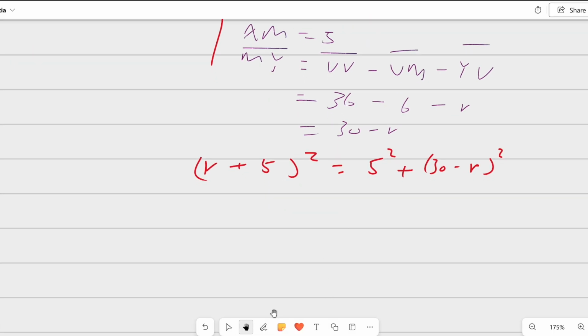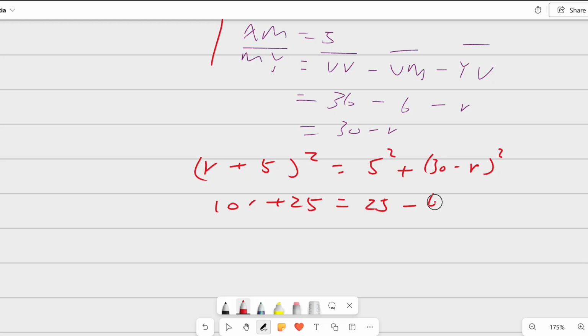So cancel out the R square, and we have 10R plus 25 equals 25 plus 900 minus 60R. So 25 cancel, 900 to the other side.